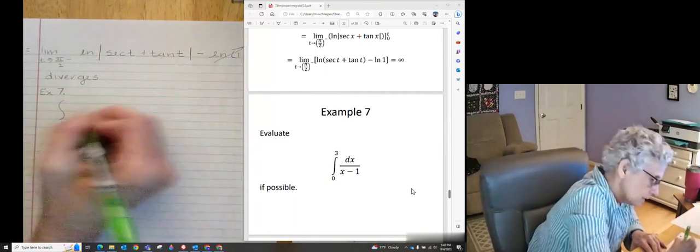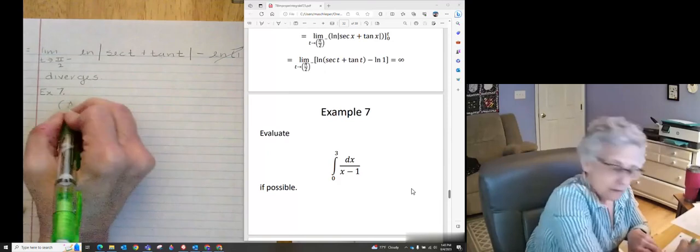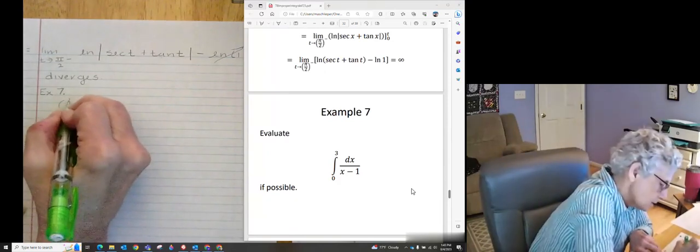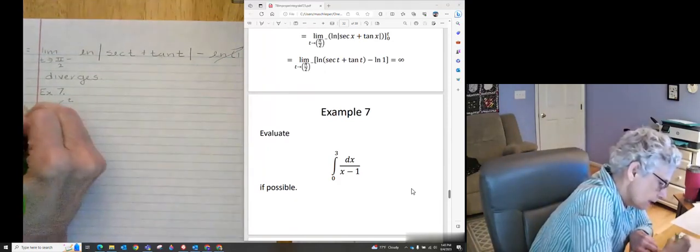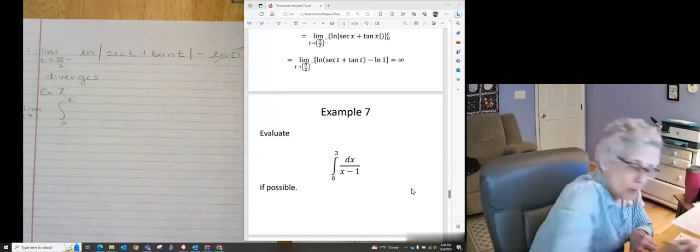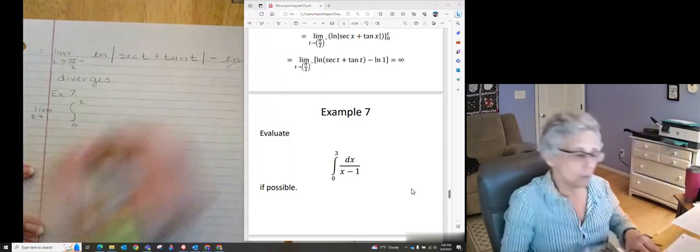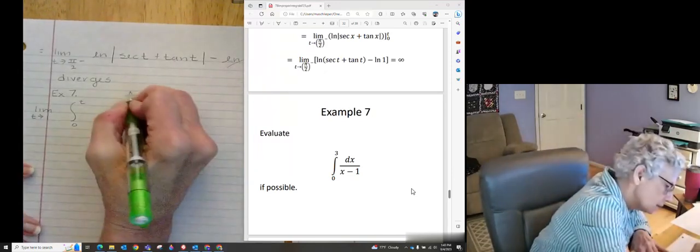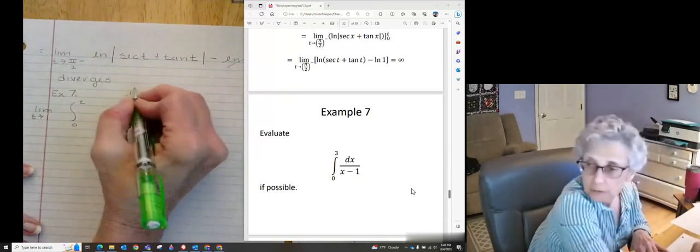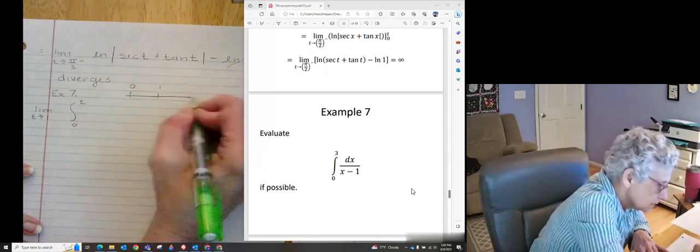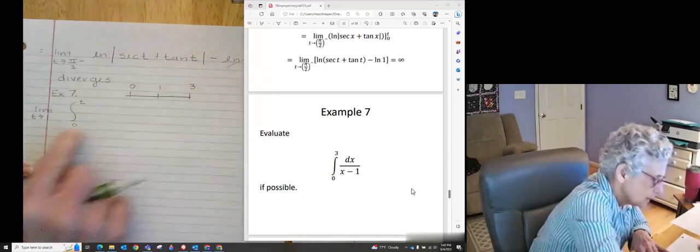So we have the integral from 0 to t, and the limit as t approaches 1, because my bad guy is at 1. So let's make our little interval here. We're going from 0, 1, and 3.